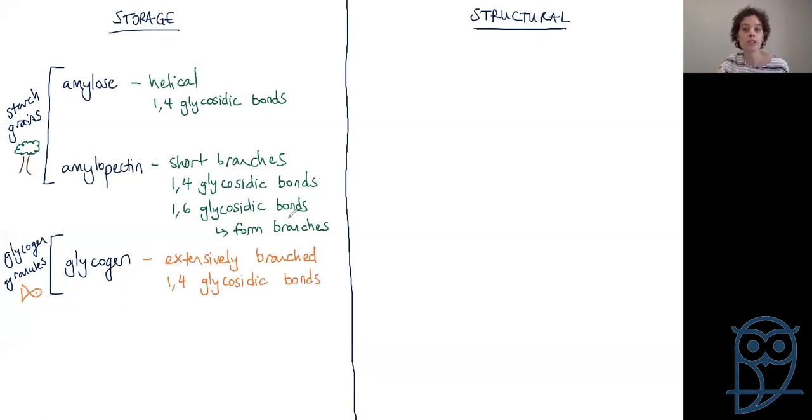To get our branches, again, we're going to bond a 1 to something. We've got to stick it onto that chain. The one that's sticking out, ready to bond, is the 6. So 1 to 6 glycosidic bonds. And these form the branches.